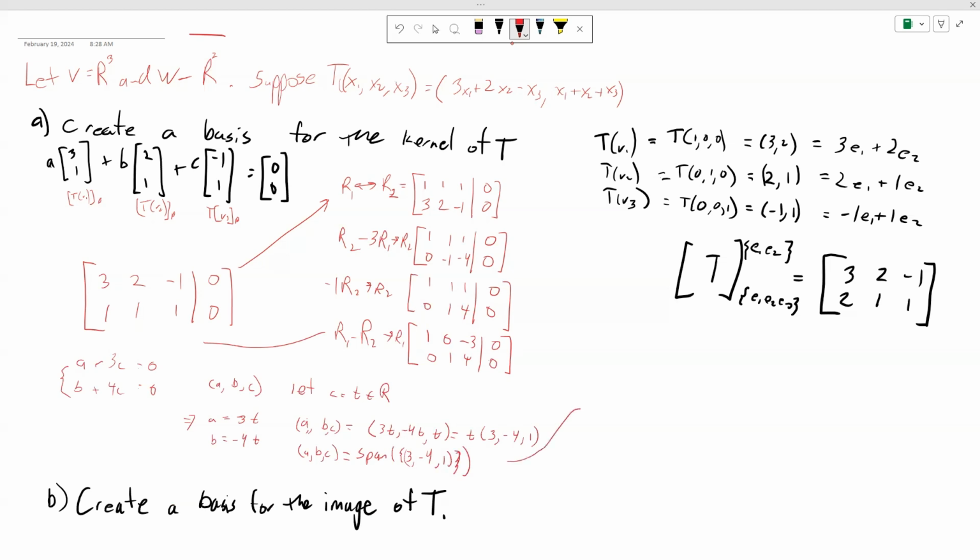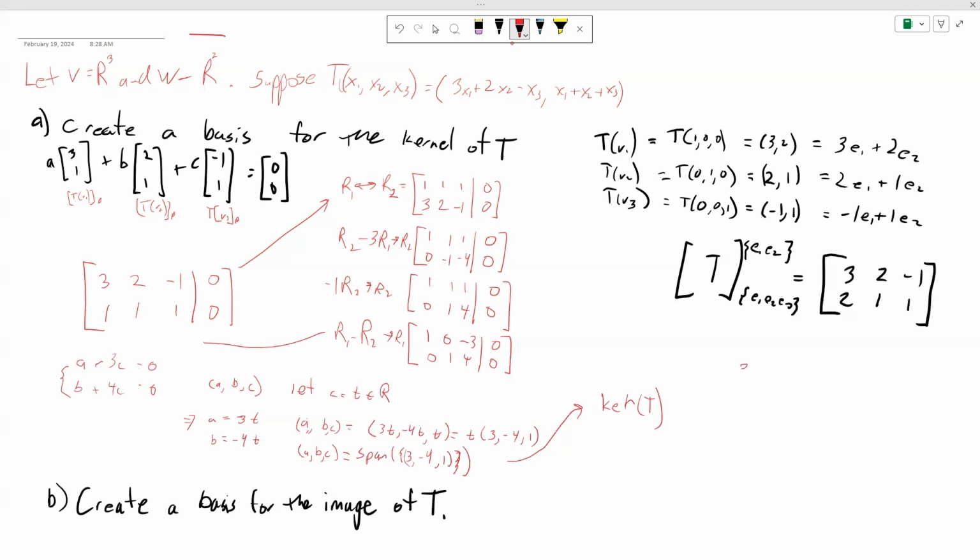Now, if I want to convert this into the kernel of T, I have to write what this vector represents in terms of my original basis.